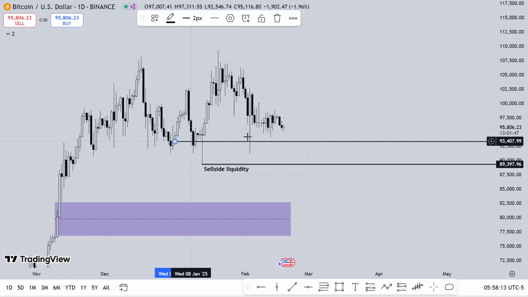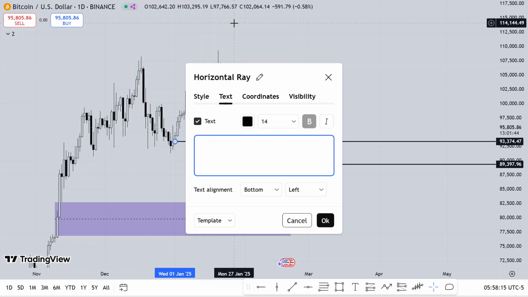So we opened for the year at, we have the New Year's opening price here.